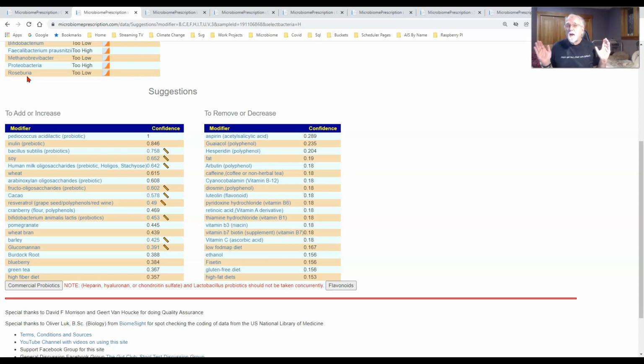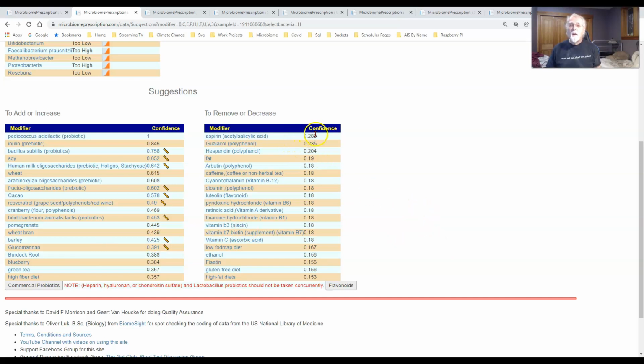In other words, we have keyword consensus between the two sets of suggestions. Here we have old friend cacao, we have resveratrol showing up again. Burdock root made it on this one, it was to avoid on the other one. Again, you will have contradictory suggestions. And there we go, so that's suggestion number 2.